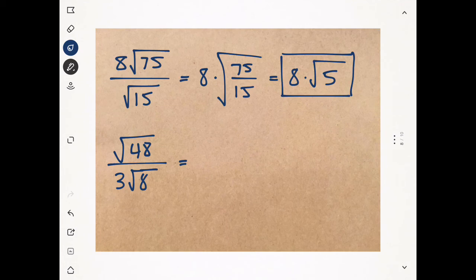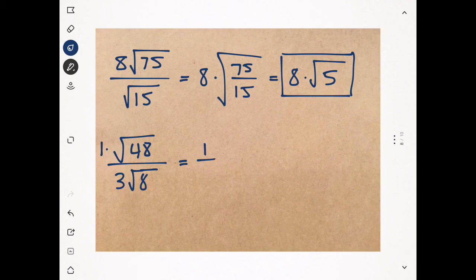one. Now, in this case, that 3 being down in the denominator has been confusing in the past for some people. So what I'm going to do is I'm going to add that 1 that we didn't put in the one on the previous page. So we have 1 times the square root of 48 over 3 times the square root of 8. And when I do that, now I can see, hey, I have 1 over 3.